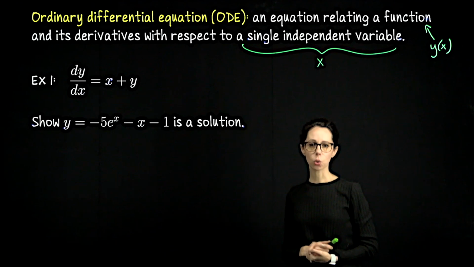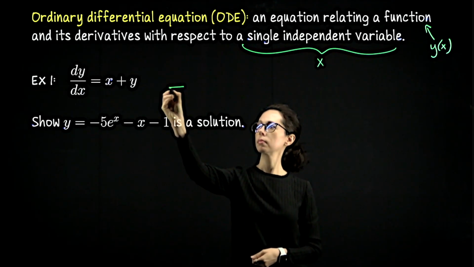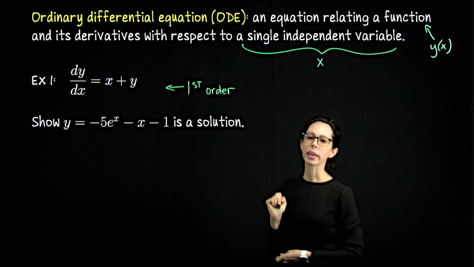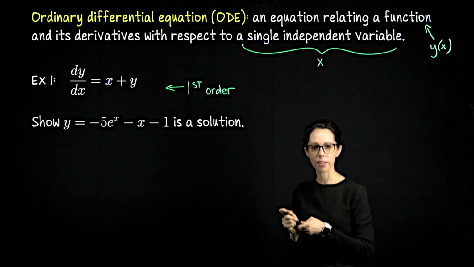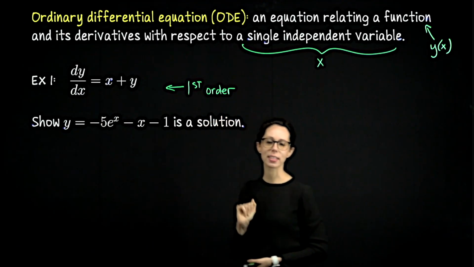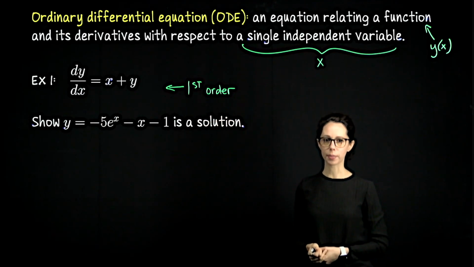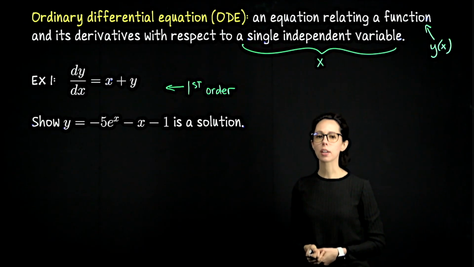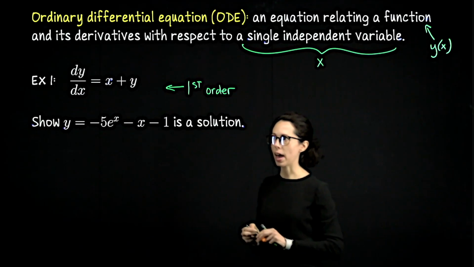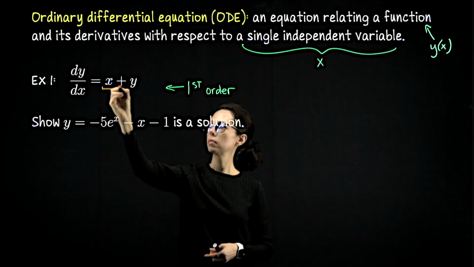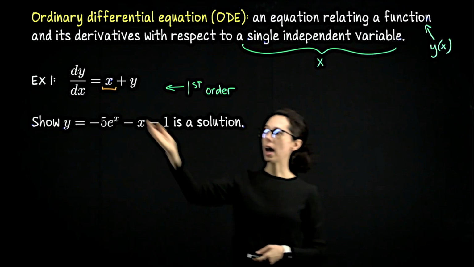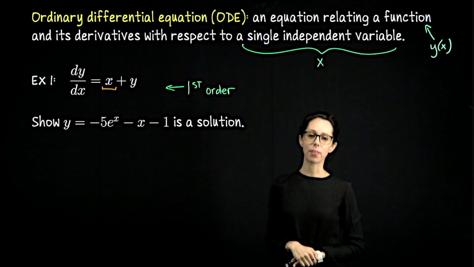This is a first order equation, because the highest level derivative that appears is a first derivative. We have dy dx, and that's it. So this is a first order equation. It is also what's called a non-autonomous differential equation because of the presence of x. In most of the equations that we look at today, we will not actually see the independent variable appear.